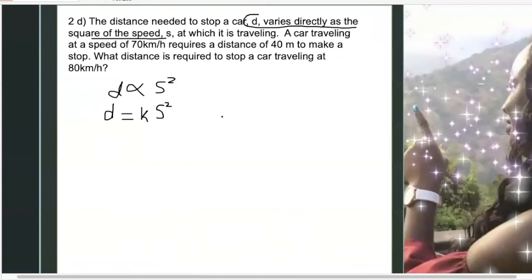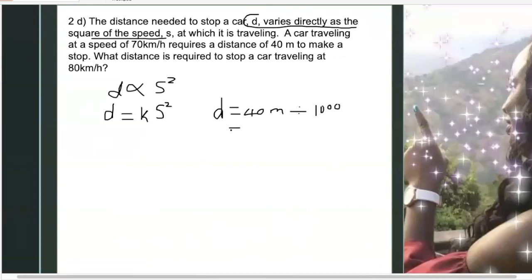Now we're given that the distance is 40 meters. Reality is we could work with the 40 meters, but since we have kilometers per hour, I'm going to go in more detail. We can change 40 meters to kilometers by dividing it by 1,000.